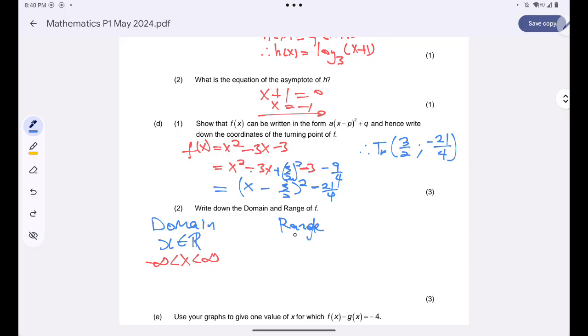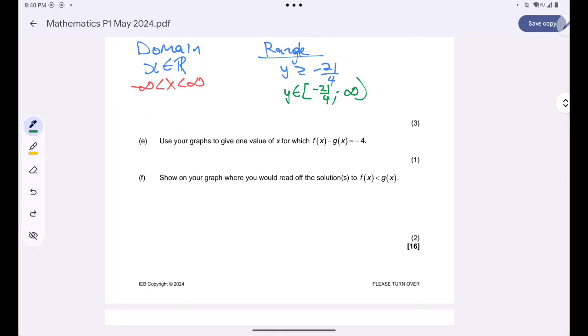So for my range, I'll simply say y is greater or equal to negative 21 over 4. Or the other way of writing the range, I can say y is an element of negative 21 over 4 up to positive infinity. Yeah, this is how I can write my range, guys. That's my range and my domain.